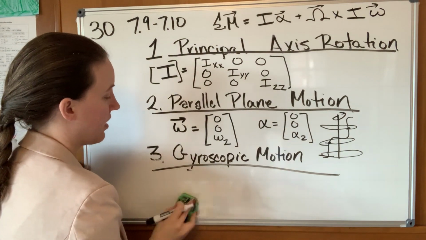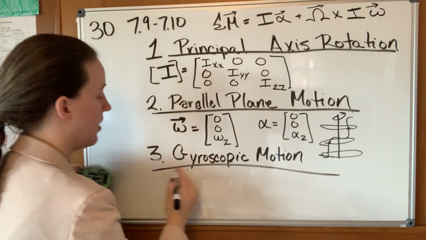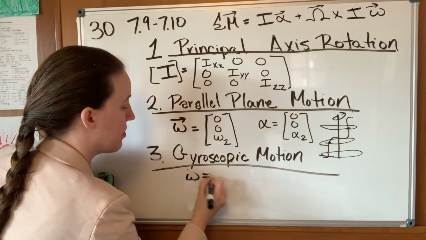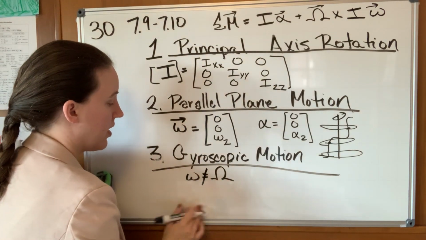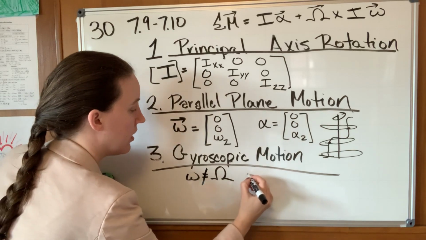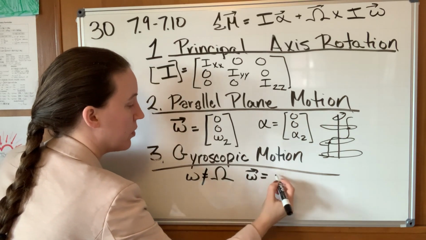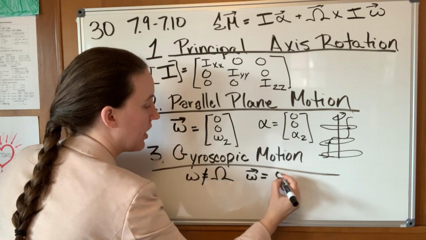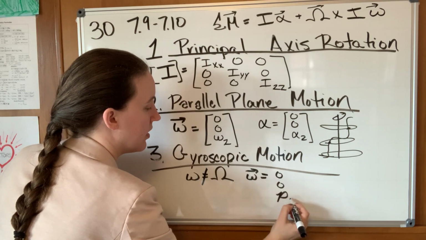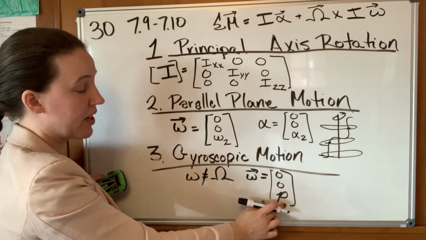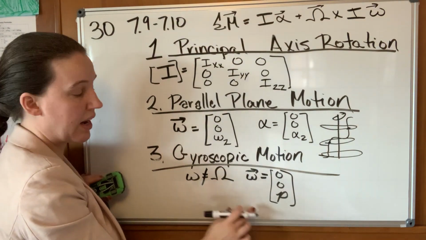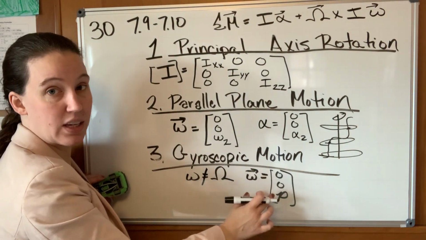That's the way to think about this: little omega is not equal to big omega, but in fact our little omega is going to equal some spin velocity, and this is going to be much bigger than this. So we're going to have some spin that's happening about symmetric axes.